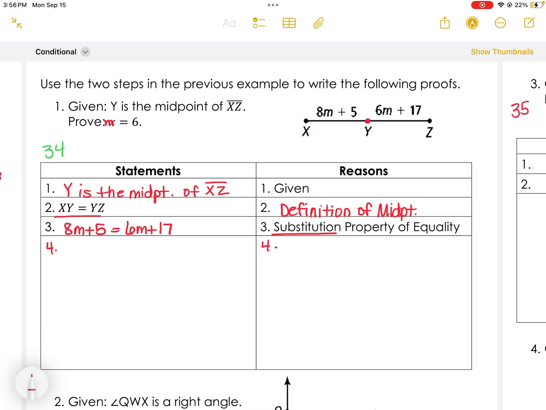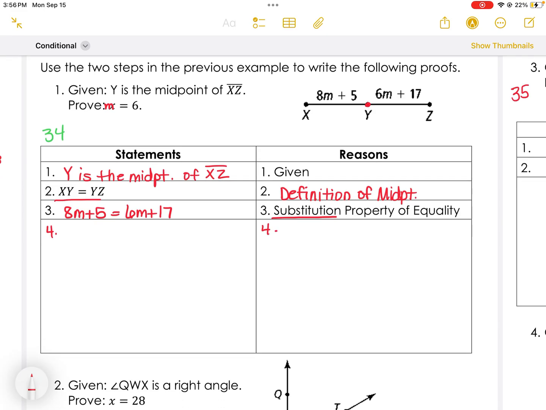Let's solve this algebraically. The next thing I would do would be to subtract 6m from both sides. So subtracting from both sides would be subtraction property. The next step I would do is I would subtract 5 from both sides.